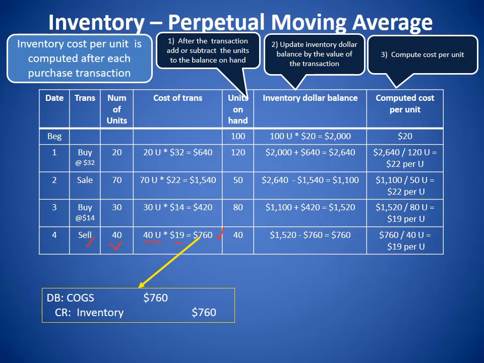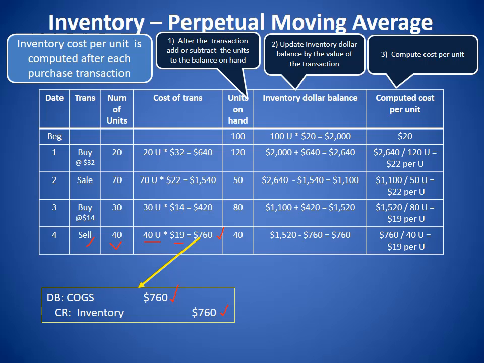So that's a value that we're going to be removing out of inventory and placing in cost of goods sold. And you can see the entry here: credit inventory $760, debit cost of goods sold $760.